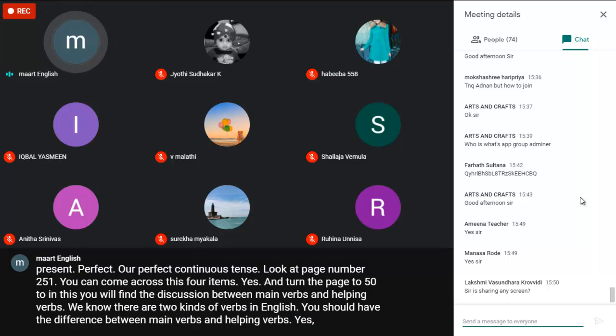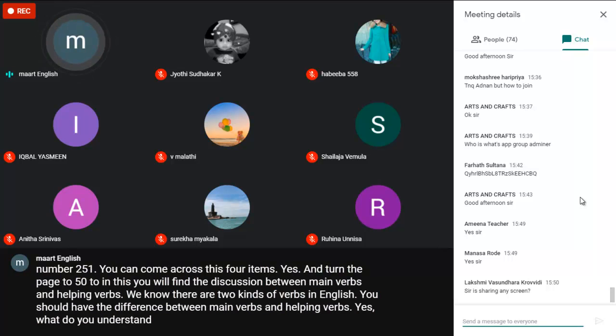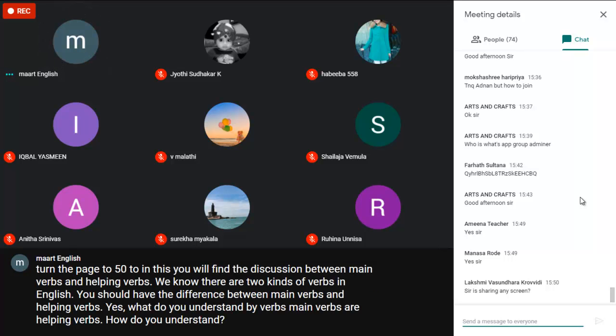What do you understand by main verbs and helping verbs? What is a main verb? What is a helping verb?